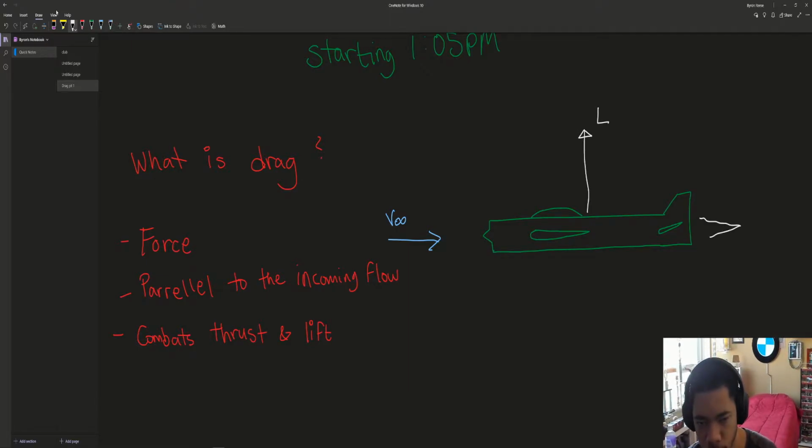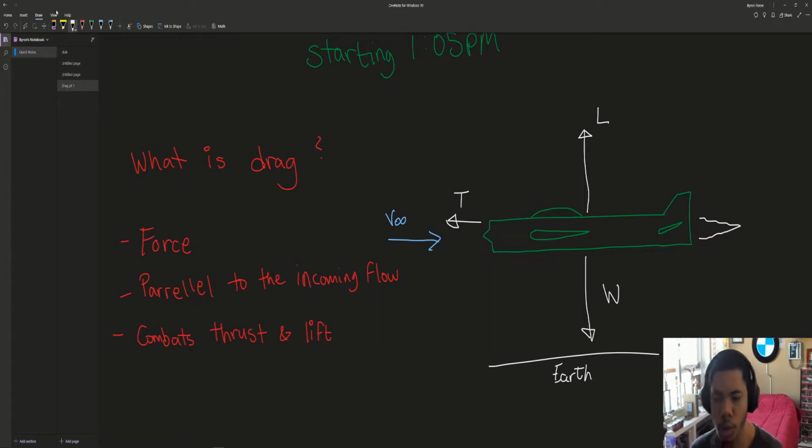This guy is shooting out via jet engine, so its thrust force is this direction. We're saying that down here is the Earth. So this is our weight force. So our drag force, if our velocity is in line with the supersonic line, we'll say, of our body, then our drag force is going to be in this direction, parallel with the velocity incoming.